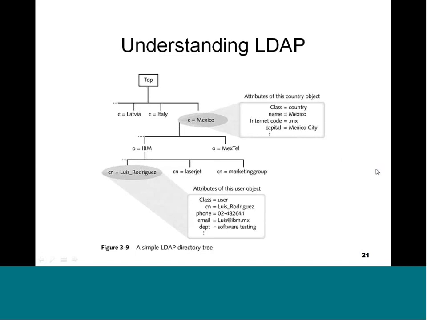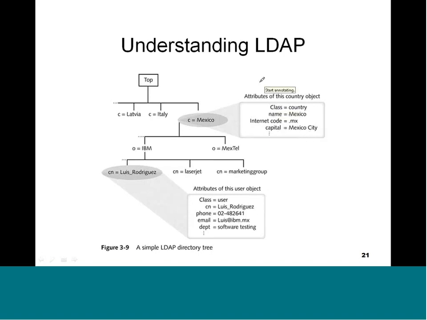The attributes will be: the class is country, the name is whatever the name of the state or the country, just the name of the place itself, and then there's an internal code, and then also the capital city.